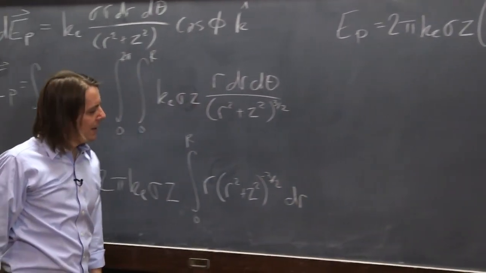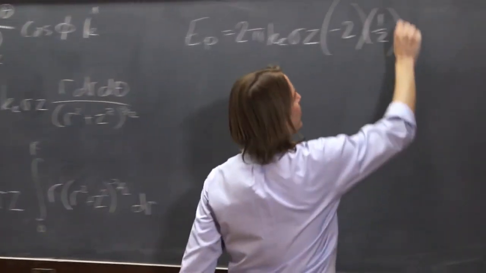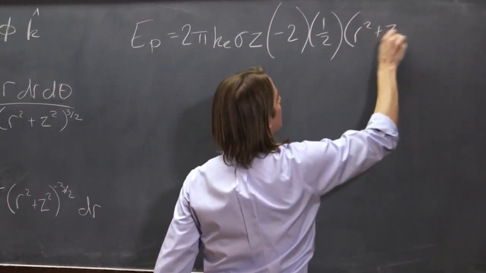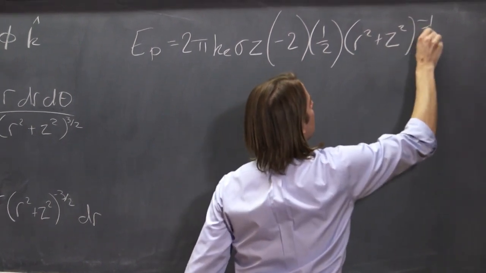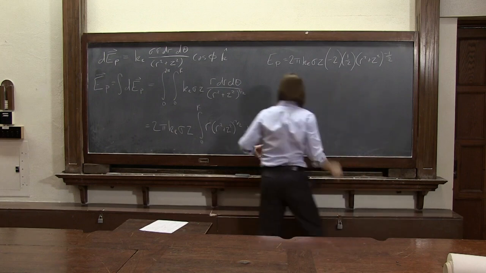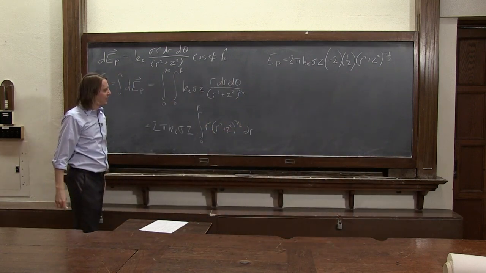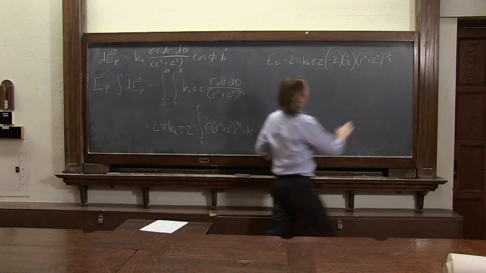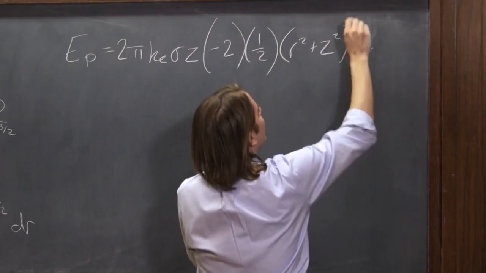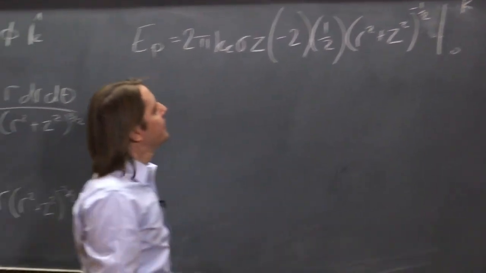Doing that again, it becomes this to the minus 1 half, r squared plus z squared to the minus 1 half. I like doing these integrals better writing it out this way than having the square root things in the bottom. It just depends on how you want to do it. And that's evaluated from 0 to R.